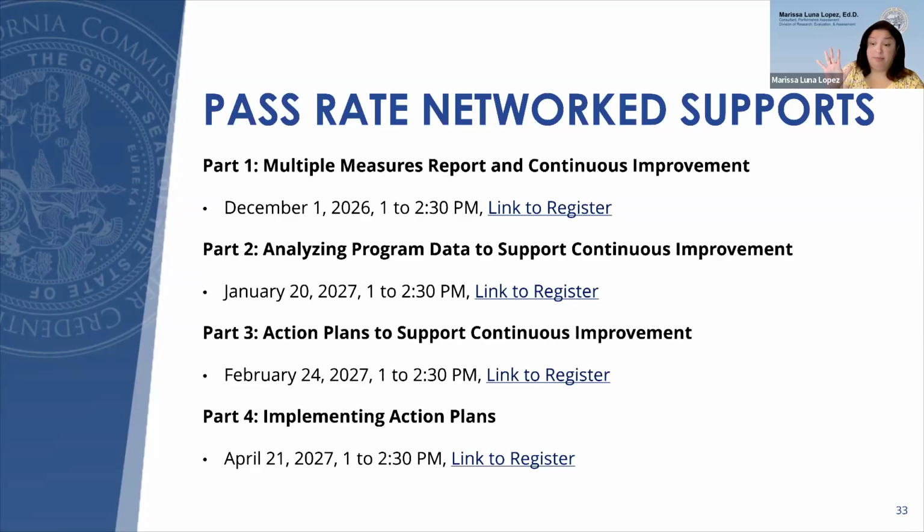It's awesome material for your program standard 5 on continuous improvement. Oftentimes folks are challenged in that continuous improvement piece, but these webinars and individual supports are in support of that standard 5. So whether you are in that pass rate network support component or not, it's available to everyone.